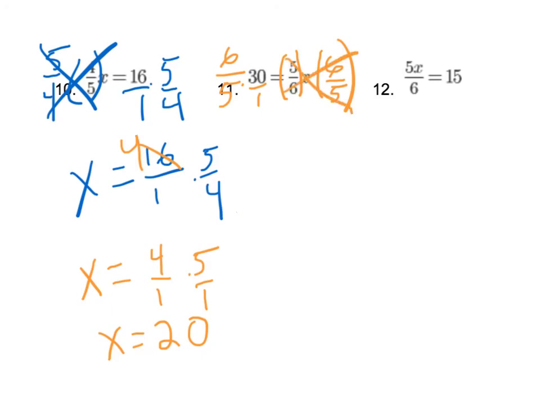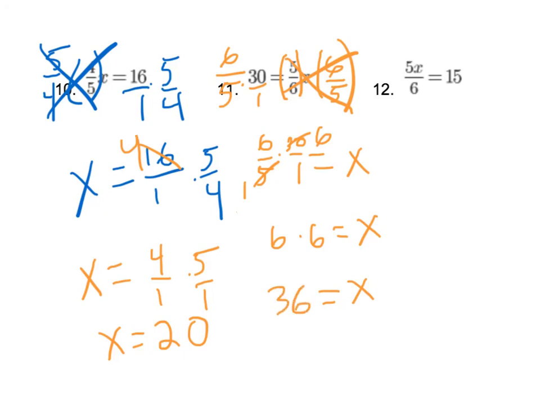These 5's cancel, these 6's cancel, so x is on the right side equals 6 over 5 times 30 over 1. We can cross cancel here. 5 goes into 5 once. 5 goes into 30 6 times. 6 times 6 equals x. X equals 36.